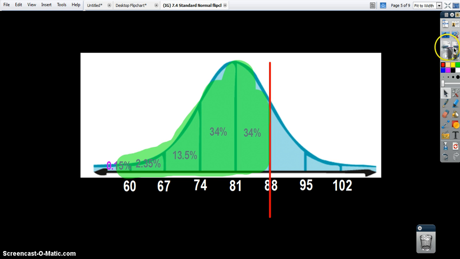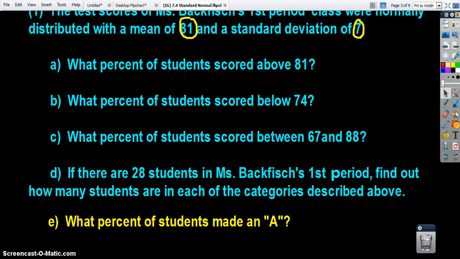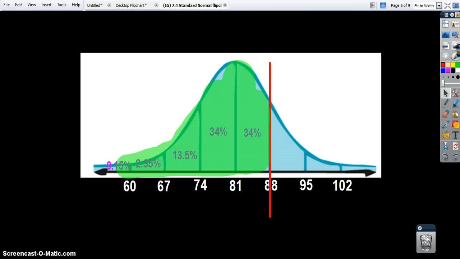And that is, what if we went back here to this question, and now there's a new problem. What percent of students made an A? If I go to my picture here, well, an A is 90 or higher, and that's not one of these numbers.